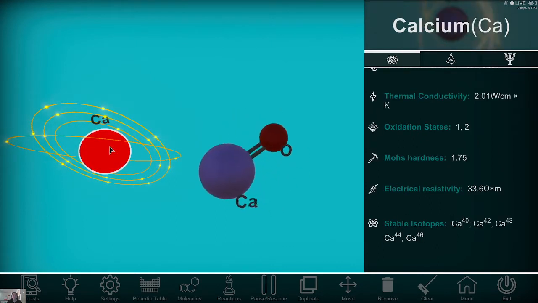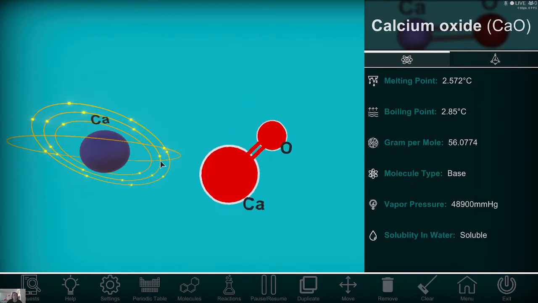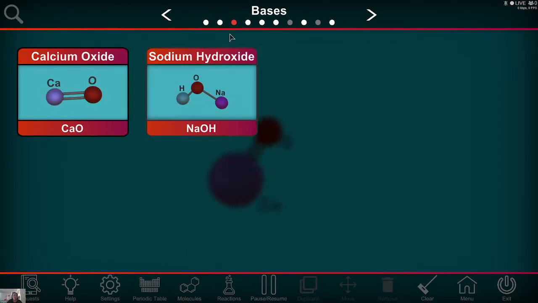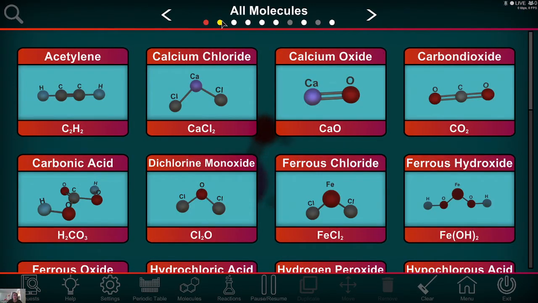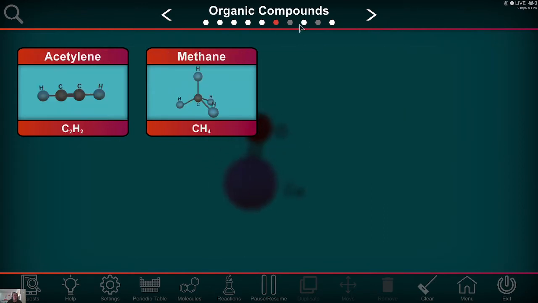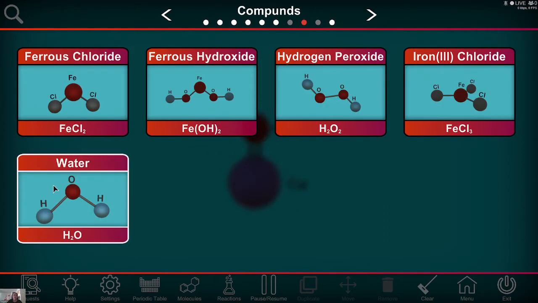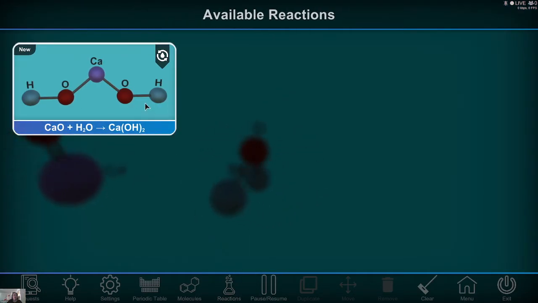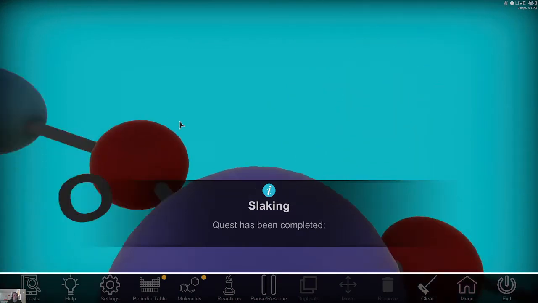Calcium oxide with water, maybe. Let's see what happens if it mixes with water. Yay, I did it!